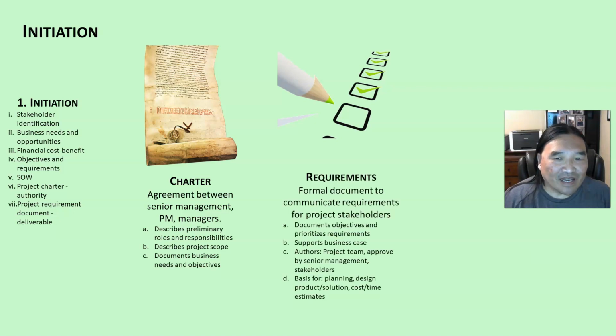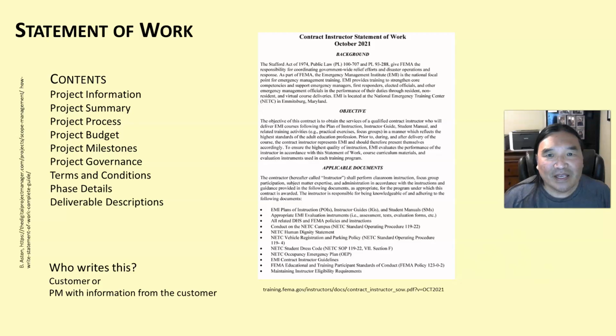The requirements document is basically a formal document to communicate requirements to project stakeholders. Again, you have documentation, so this is what's been defined instead of having something informal. Now, your statement of work has these elements to it, and I won't go through it step by step with you because I think it's pretty much self-explanatory.